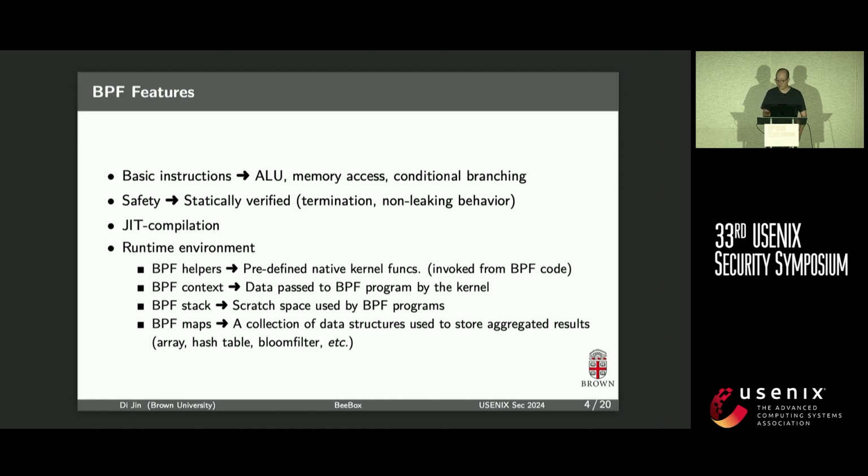And at runtime, BPF has access to BPF helpers, which are a predefined set of native kernel functions called from BPF; BPF context, which is the data passed from the kernel to BPF; BPF stack, which is the scratch space used to store local variables; and BPF maps, which are a collection of persistent data storage that BPF uses to aggregate results.